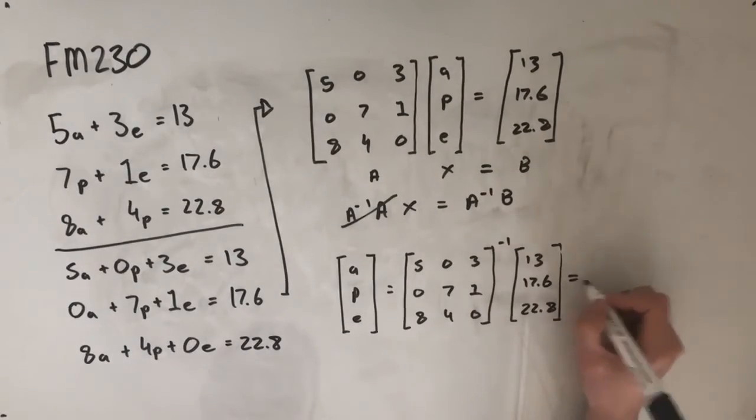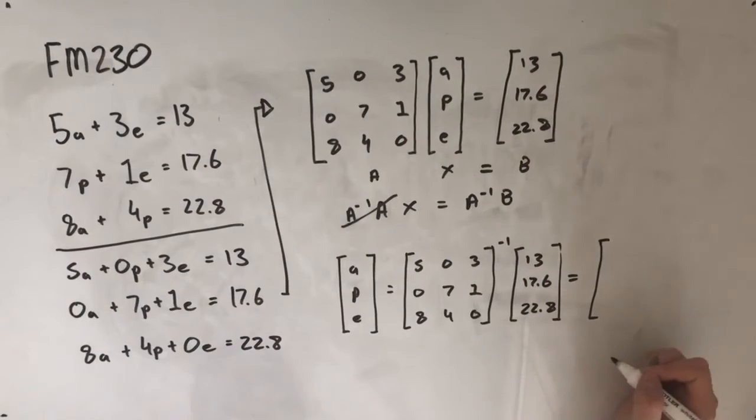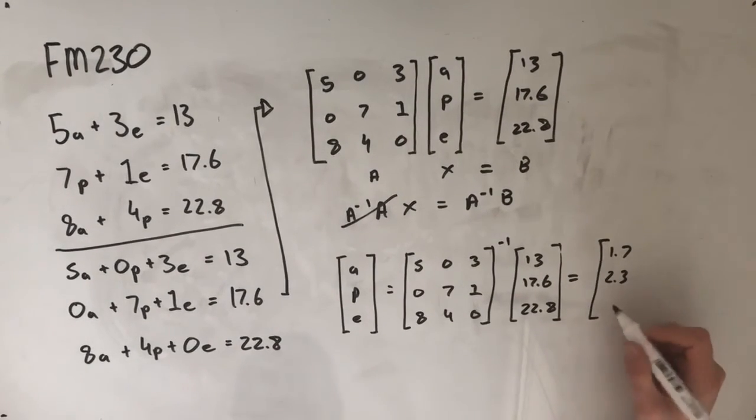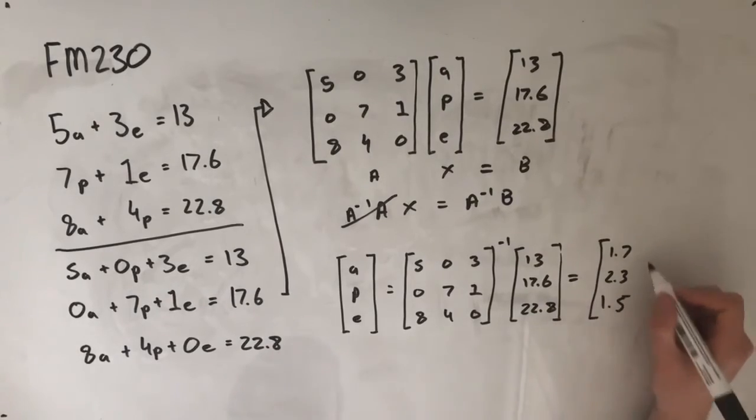Plugging this into your calculator should give you a final answer of 1.7, 2.3, and 1.5.